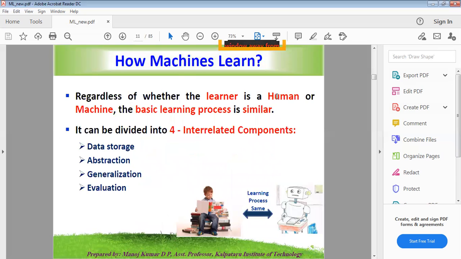Regardless of whether the learner is a human or machine, the basic learning process is similar.